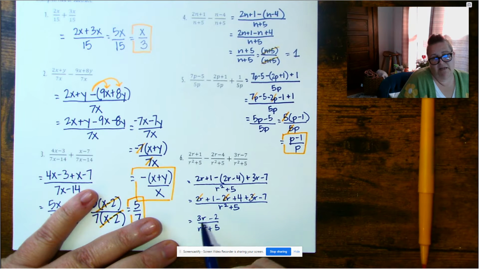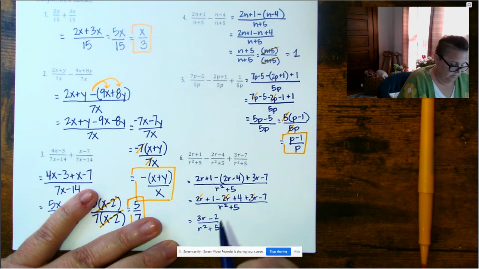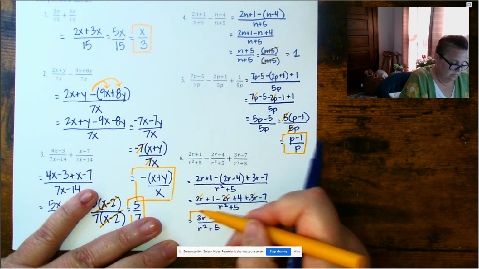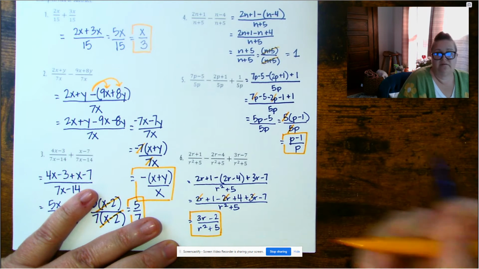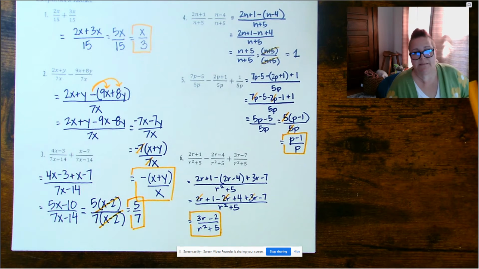I can't factor anything out of 3r minus 2, and I can't factor anything out of r squared plus 5. That's a squared, so it looks like maybe it could factor, but that's not a difference, and that's not a perfect square. So I can't do anything more with that, at least not with my current knowledge base.